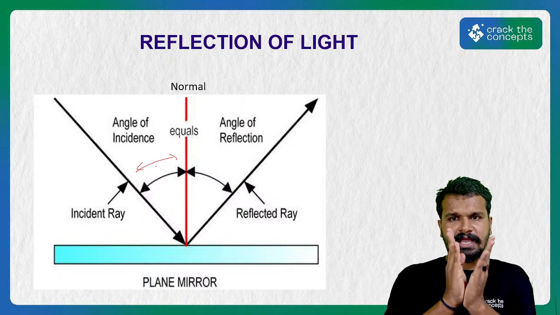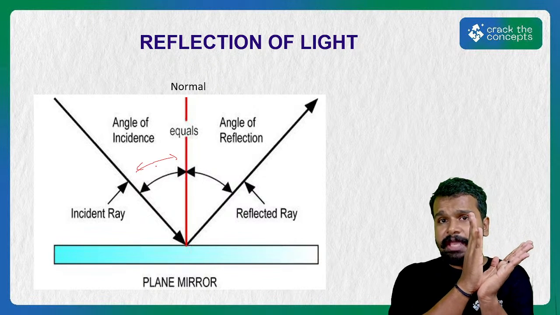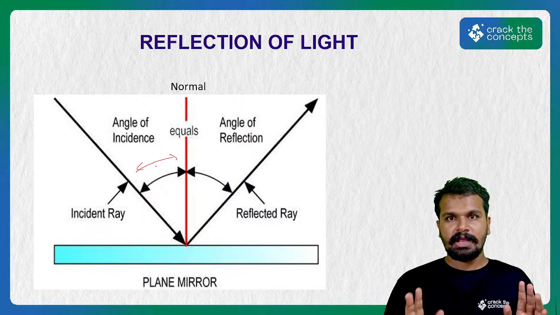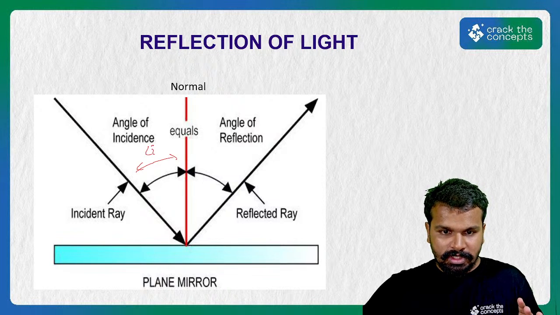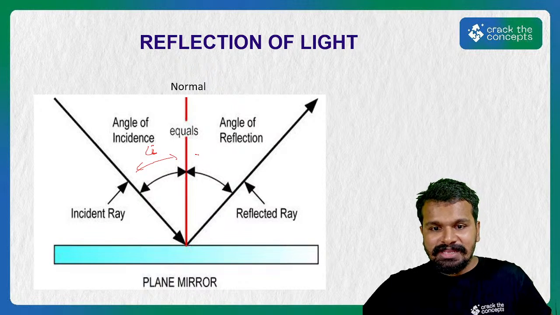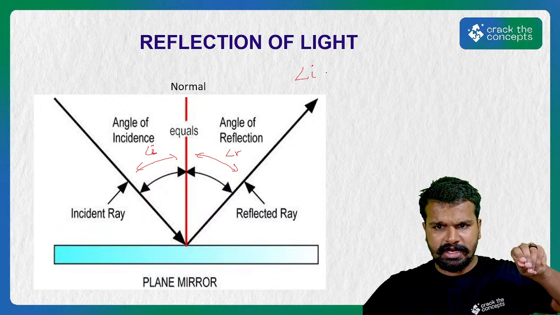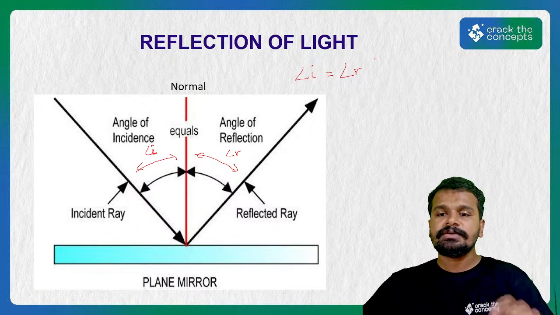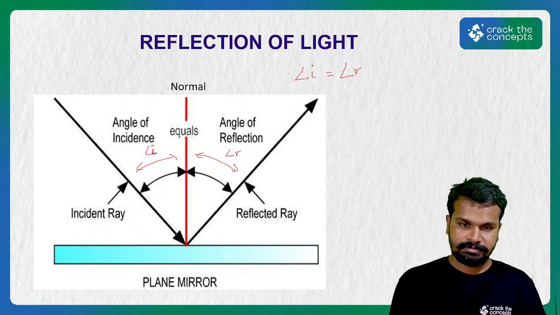If I increase this, by the same extent the angle of reflection will also increase. Understood? The angle of incidence and the angle of reflection will always be equal. You already know that, right? Angle i is always equal to angle r. That is the first law of reflection: angle i is equal to angle r. Clear?